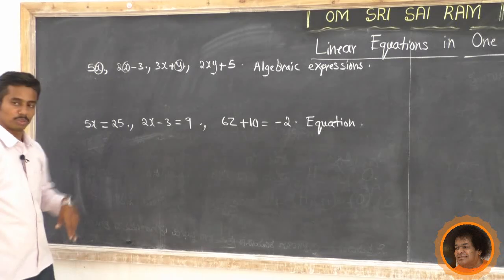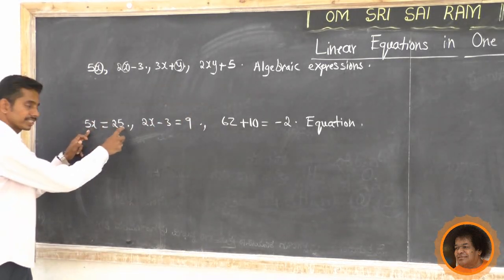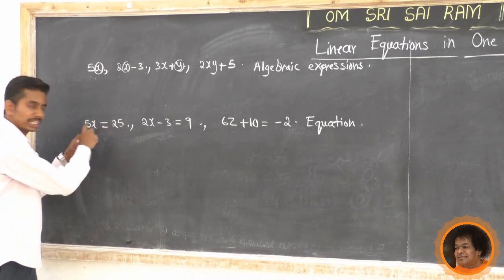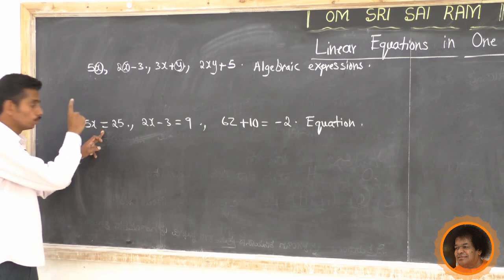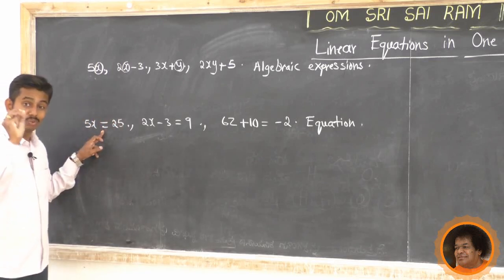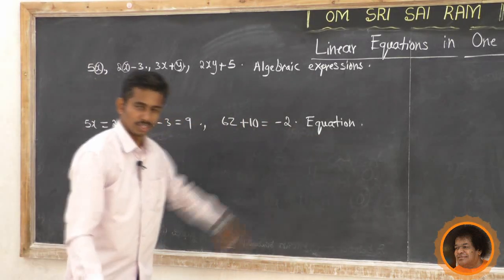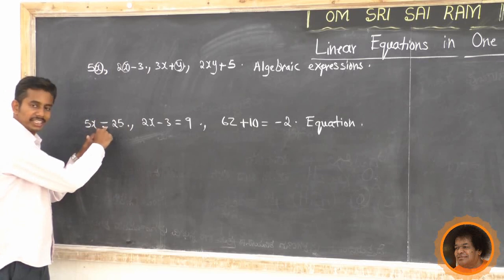Now we see the difference between algebraic expression and equation. What is the difference? 5x and 25. In between the algebraic expressions there is an equal sign. So equality of two different algebraic expressions is called an equation.